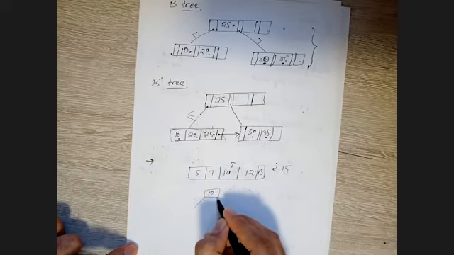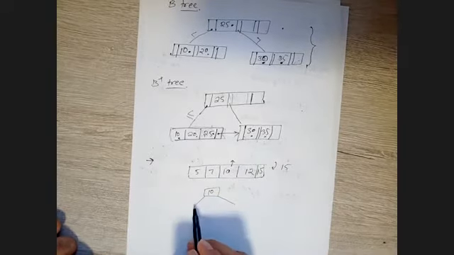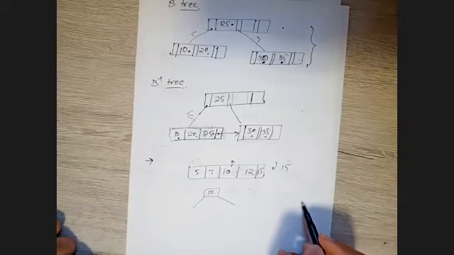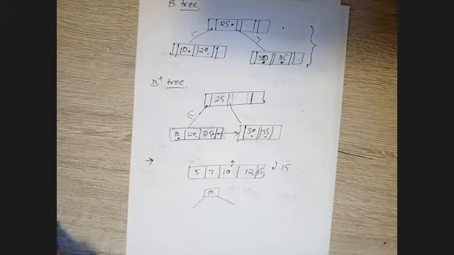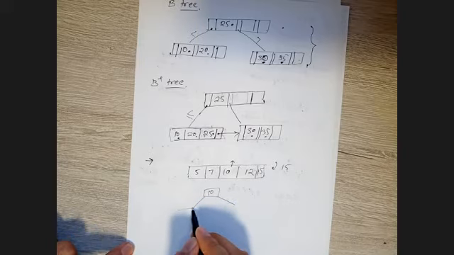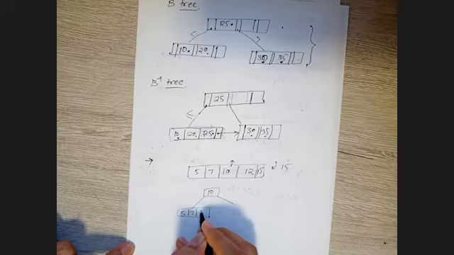And then when you split, we will use either left biasing or right biasing, right? So remember, in the very beginning, whatever biasing technique you have selected, in the entire process you have to use the same one, right? If I'm using the left biasing here, the elements will be 5, 7, and 10.